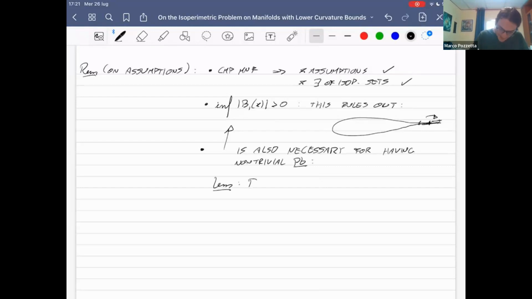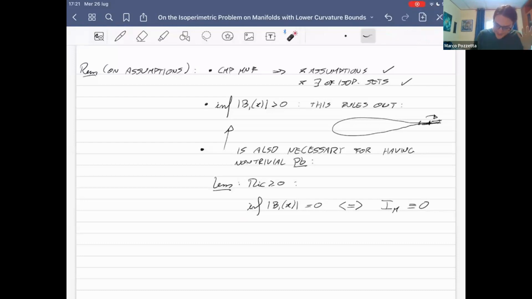For example, under non-negative Ricci, let's state it the other way: if the infimum of the volume of unit balls is equal to 0, then this is actually equivalent to the fact that the isoperimetric profile is identically vanishing. So in particular, the infimum of the problem is always 0. You will never have a minimizer, right? So in this sense, the assumption is necessary to have a non-trivial minimization problem.